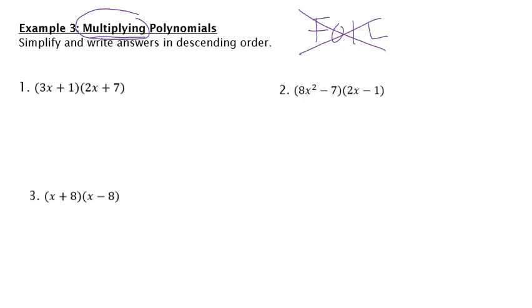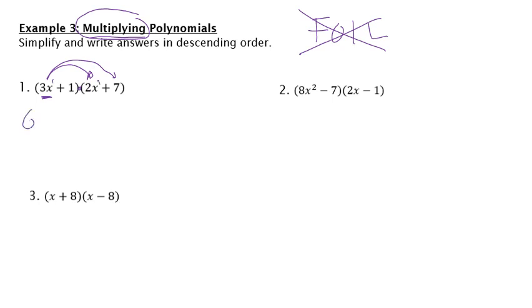So what we're going to do is we're simply just going to distribute. So I'm going to take this 3x and multiply everything in that second parenthesis. And the reason is because I'm multiplying these two binomials here. So I'm going to distribute 3x to 2x. Remembering, these are little x to the 1, so we're going to add those exponents.